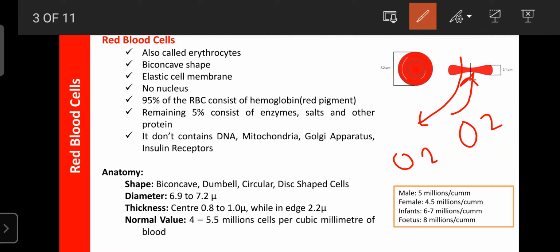So due to lack of mitochondria, RBC synthesizes its ATP for regular normal functioning anaerobically, that is in the absence of oxygen.